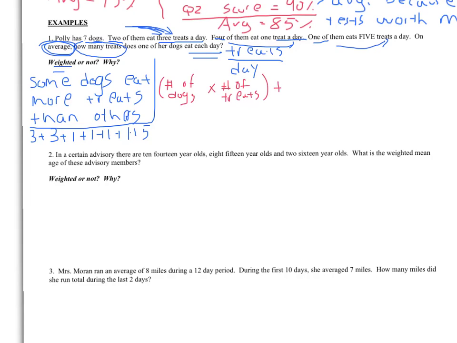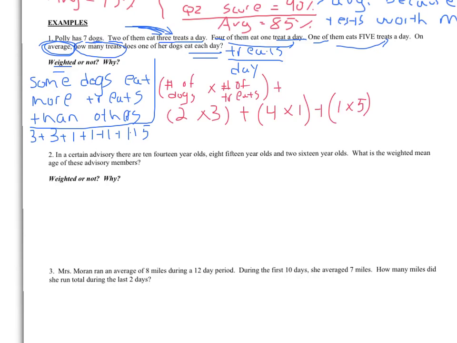So 2 of the dogs, right? 2 of the dogs eat how many treats? 3 treats a day. Plus, because again, we're finding an average, so you just add them up. 4 of the dogs eat how many treats a day? 1 treat a day. Plus, are there any other groups? Yeah, 1 dog eats 5 treats a day.